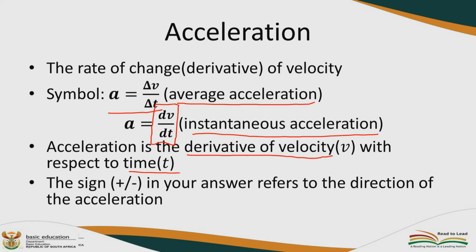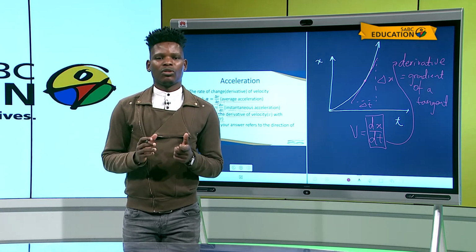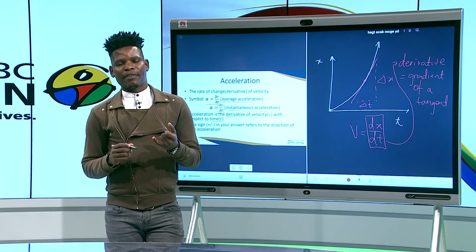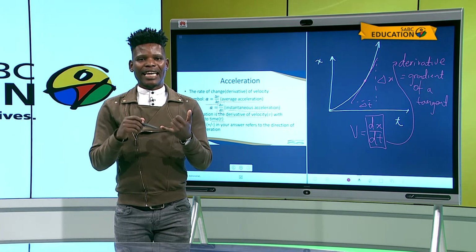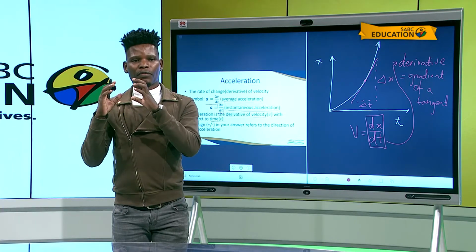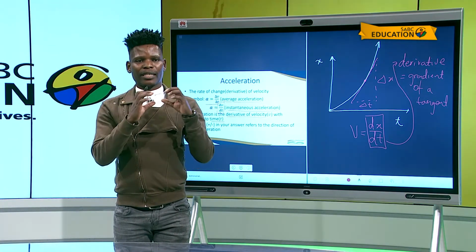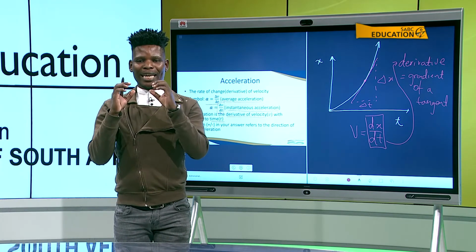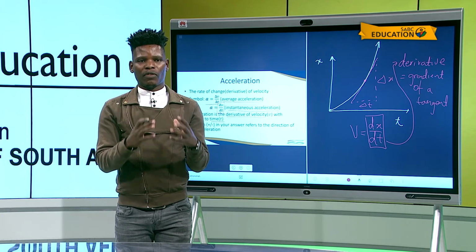All right, so this is what I want you to take away from the few slides that we went through. One is the fact that velocity refers to the derivative of displacement. So it means that if you have an expression for displacement, you can derive that expression and you will get the expression for velocity.